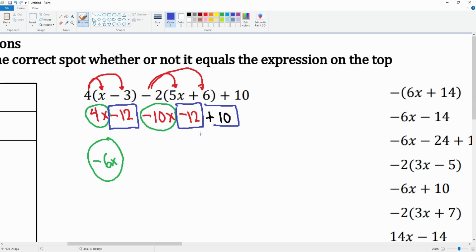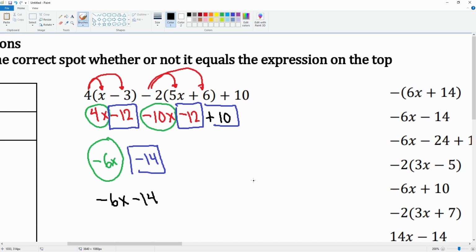Then -24 plus 10 gets you a -14. All right, so that's how I got the -14 here. So this can be simplified into -6x minus 14.